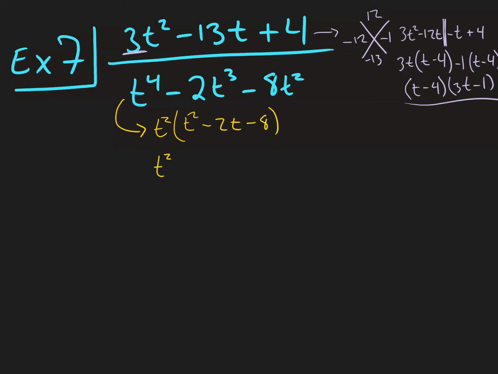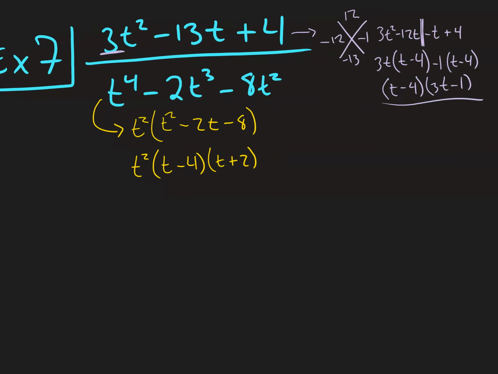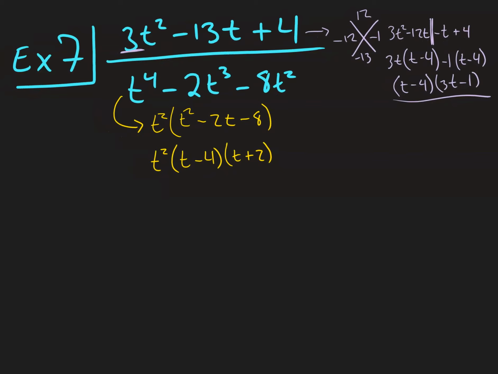So I'll bring down my t squared. I will go ahead and factor t squared minus 2t minus 8 to t minus 4 times t plus 2. Negative 4 times 2 is negative 8. Negative 4 plus 2 is negative 2. So here's my denominator.